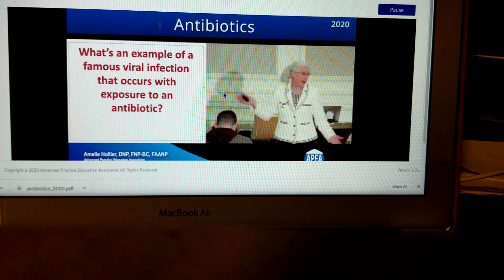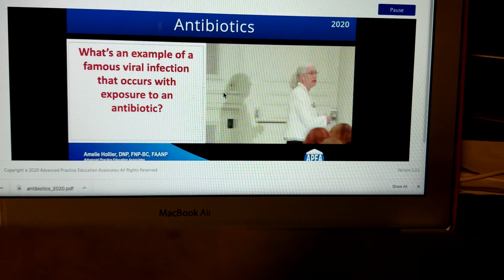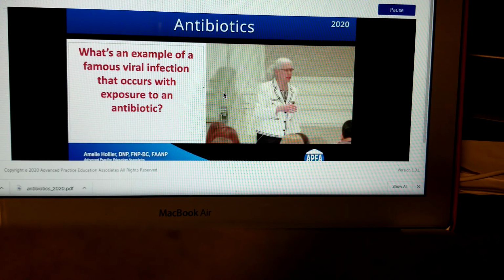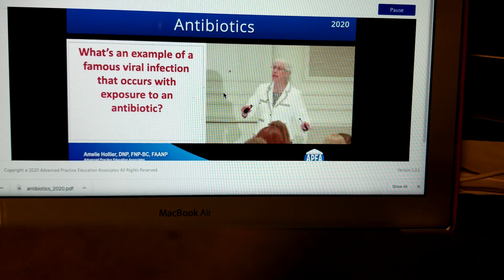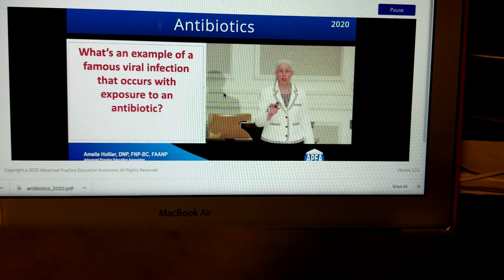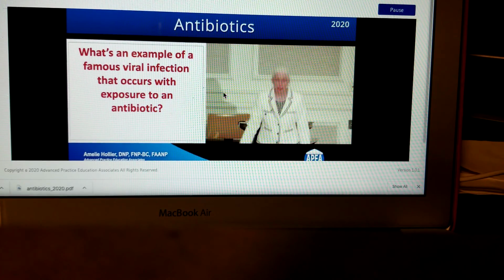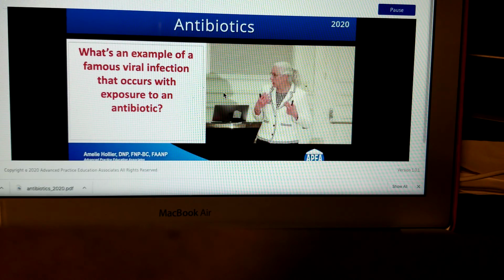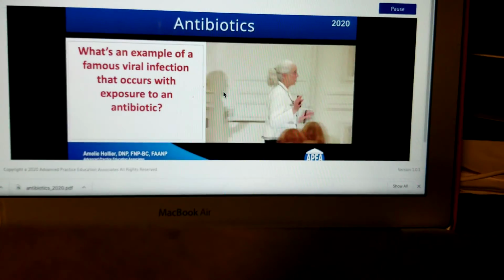So we see it in adolescents. I just told you how we saw it in kids. We can see it in adults as well. And this is a common one. I mean, it's not common, but it's a common example. It is when an adult has a viral infection on board called HIV, and somebody gives them Bactrim. They end up with a morbilliform rash. In fact, sometimes we don't know they have HIV.